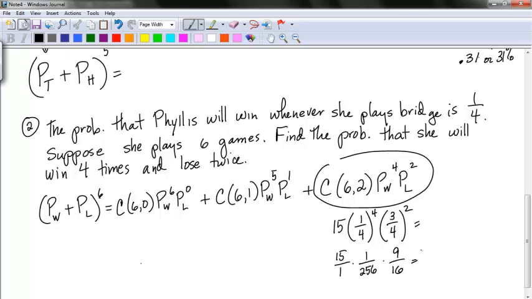When you simplify all that out, you get 135 over 4,096, which is approximately 0.033, which is about 3.3%. Phyllis is not very good at bridge. Okay.